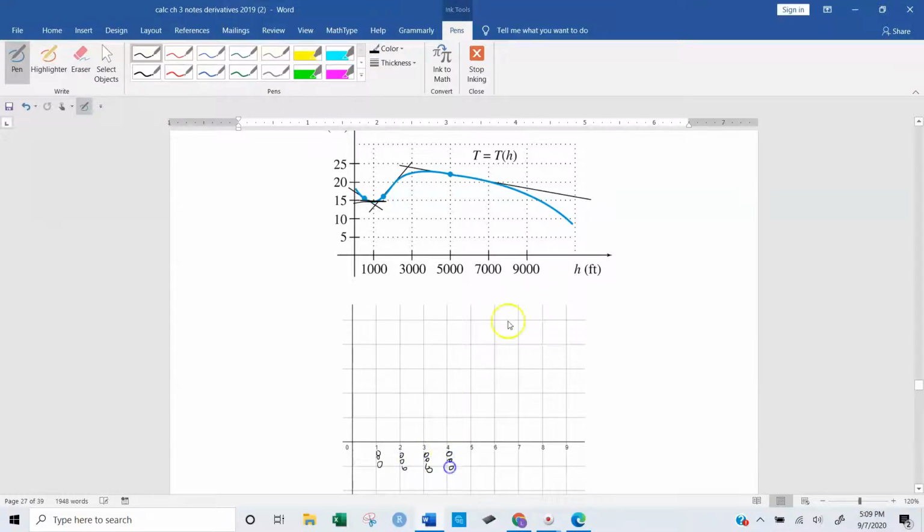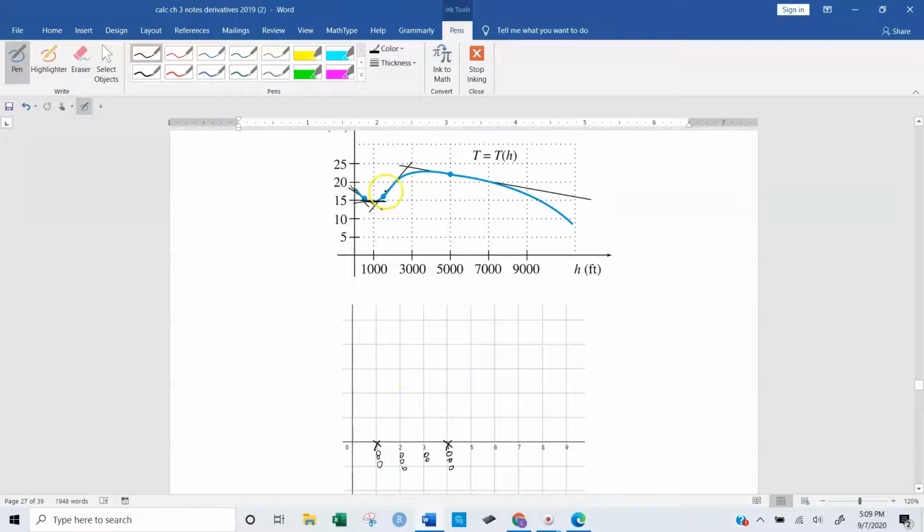The first thing I'm going to put in are my zeros. I have a 0 at 1,000, so I'm going to mark it. I have a 0 at 4,000, and that's all I have. Now, I know that this is a negative slope until I get to 1,000, so that's below 0.